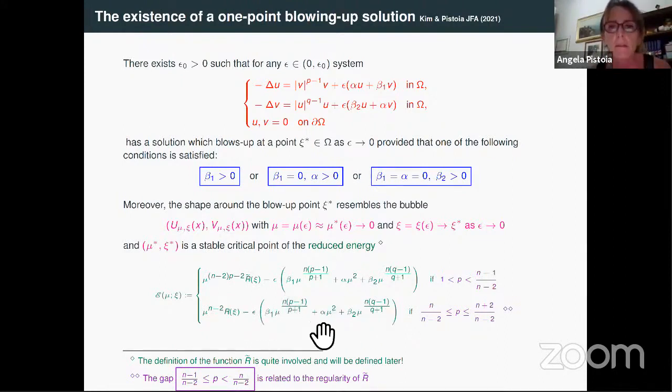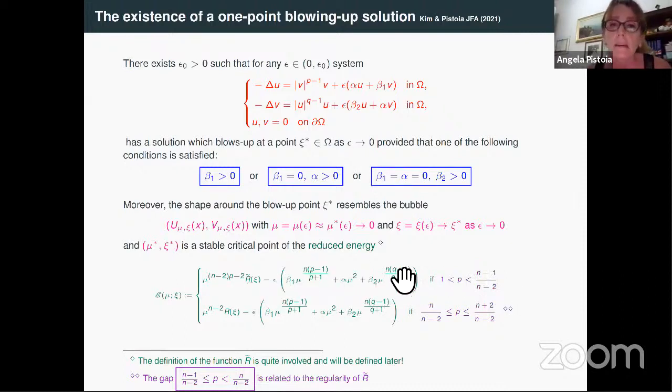This term in the brackets is nothing but the energy related to this linear part, okay? I'm talking about energy because in order to write the energy, I use the variational approach, okay? So this is the reduced energy when P is greater than this number. But if P is less than the number n plus 1 over n minus 2, the reduced energy is different.